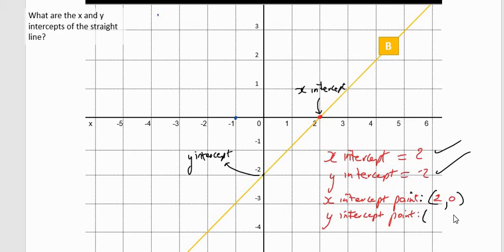Let's look at the y-intercept now. For the y-intercept point though, we're looking at more than just the y-intercept. We know the y-intercept is -2. But what is the x and y location for this point? The y location is -2.